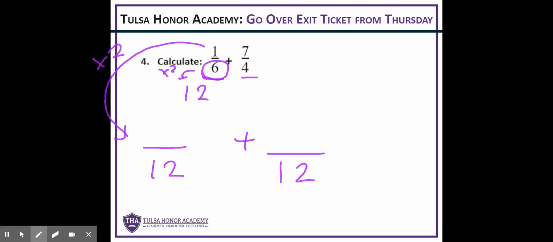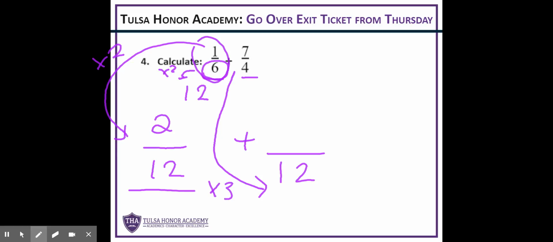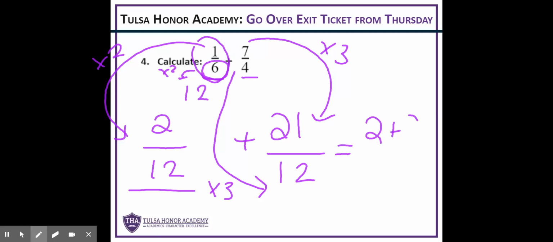So 1 times 2 is 2, so that's 2 twelfths. 2 twelfths is the same as 1 sixth. Next, in order to get 4 to 12, we have to multiply by 3. So then we have to multiply 7 by 3. 7 times 3 is 21. Next, we just add, so 2 plus 21 over 12 would equal 23 over 12.